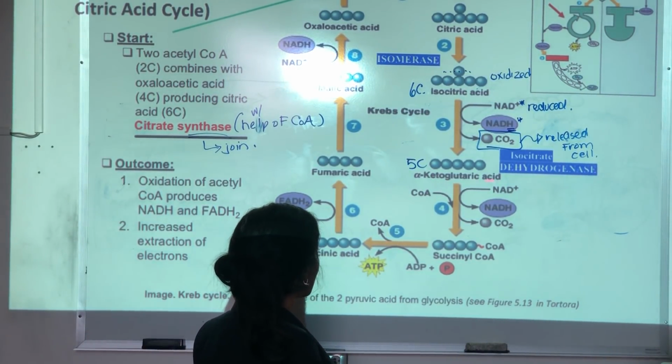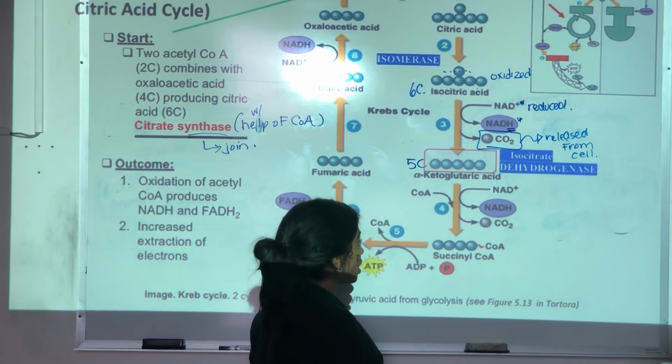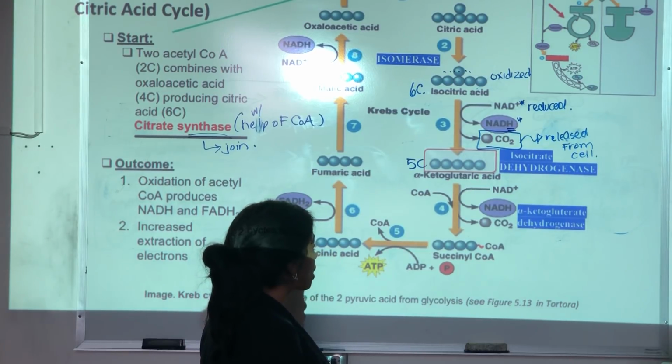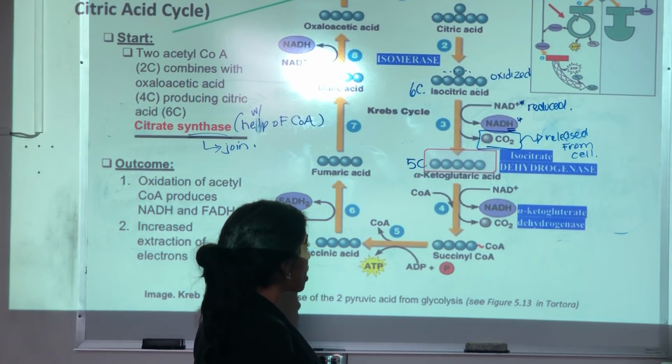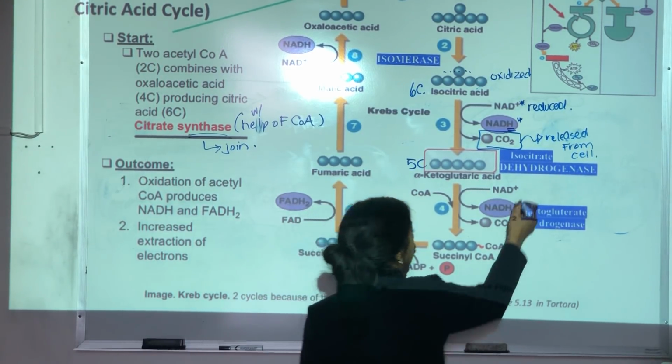In our 4th step, the alpha-ketoglutarate acid gets converted to succinyl-CoA. And a similar thing happens, again, we see NAD, so this is a sign that we have another dehydrogenase, and the alpha-ketoglutarate acid is going to be oxidized, where NAD will be reduced.